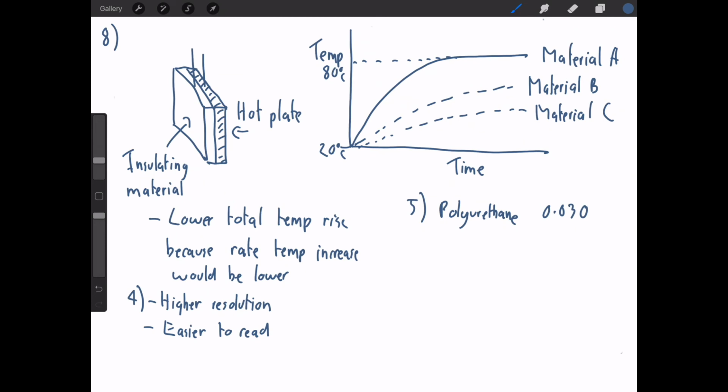It's not transferring much energy at all, so that would make the best insulator. 2 marks here, so we need to give a reason. So lowest rate of energy transfer. Okay, and that is question 8 done.